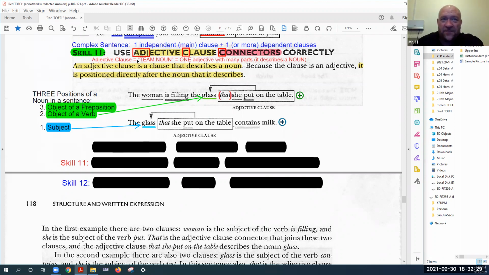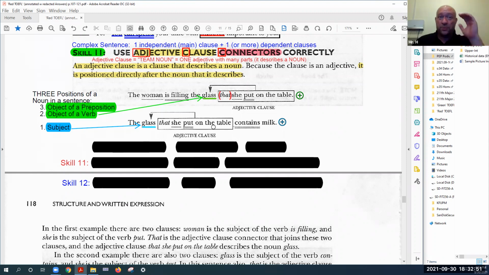So if you see the first example, where is the adjective clause? It follows the noun, the object. Yes. But in the first formula, it follows the subject.